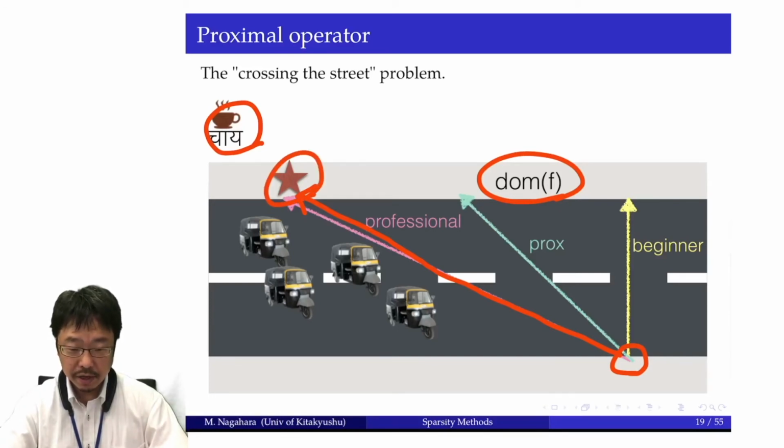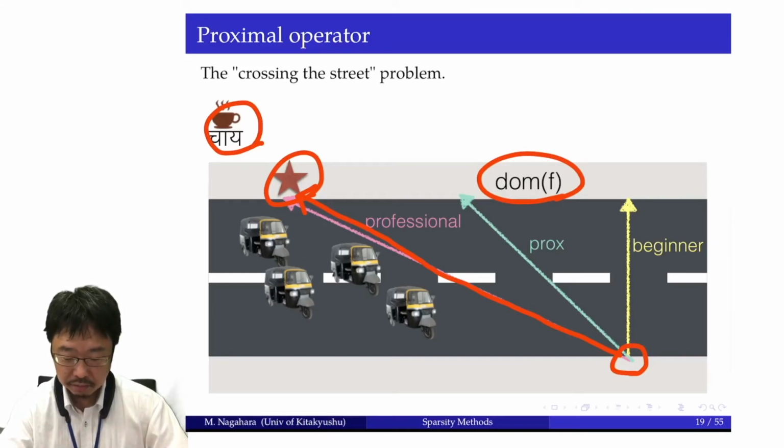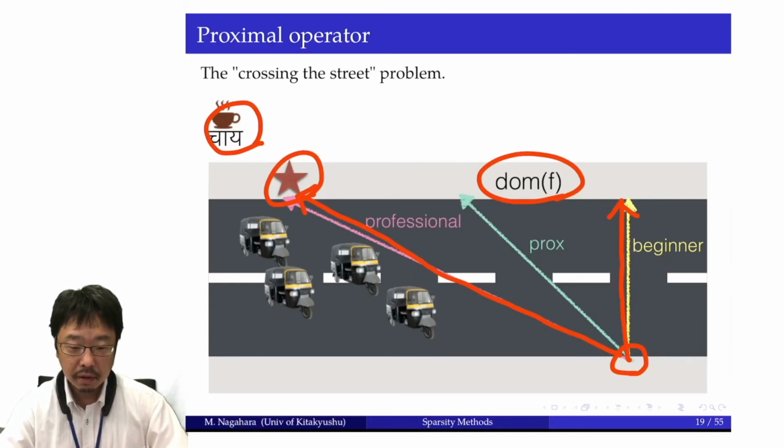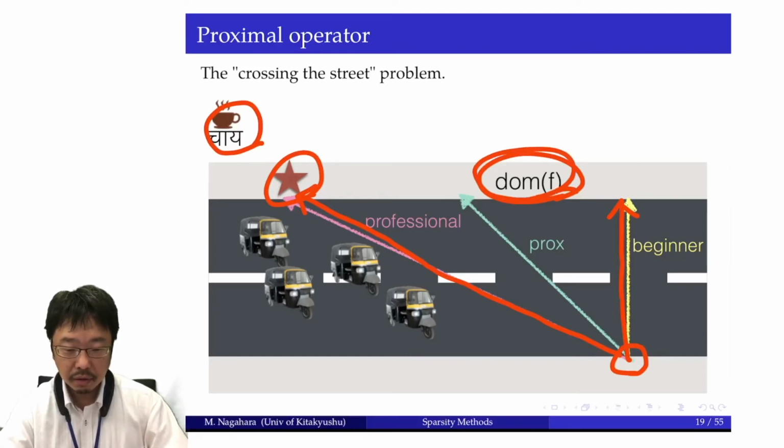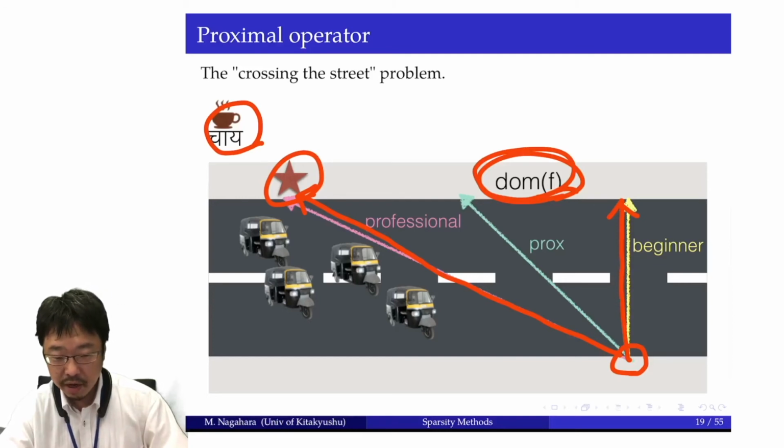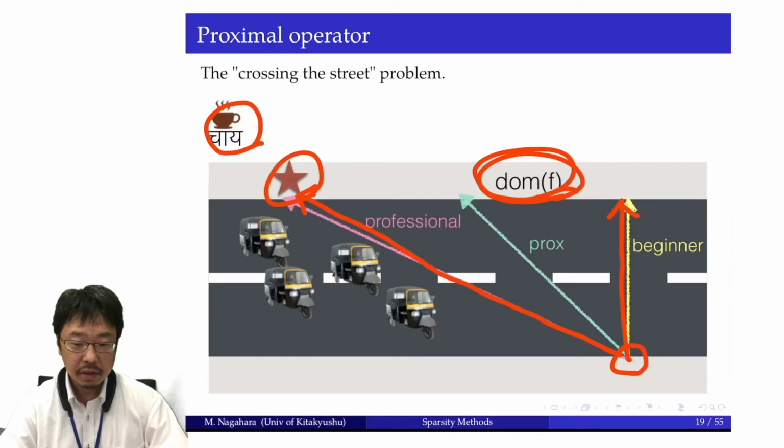On the contrary, at the first time I crossed the street like this, because I'm a beginner. This is the minimum time control to get to the safe domain F, or projection onto domain F since gamma is 0 in this case.